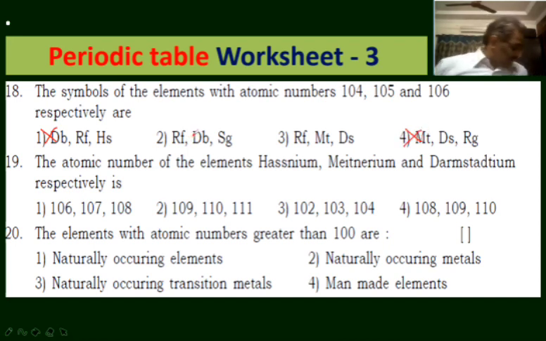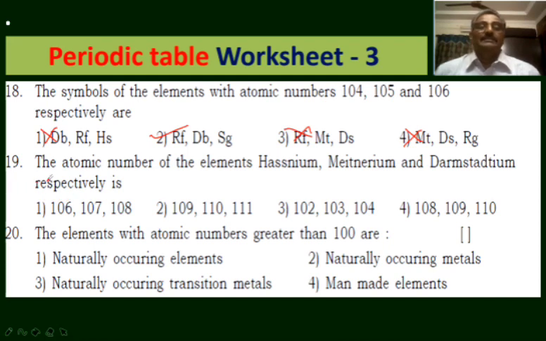The element with atomic number 105 is dubnium. Meitnerium's atomic number is 109. Dubnium's atomic number is 105. So second option is the right option. Rutherfordium, dubnium and seaborgium are the elements with atomic numbers 104, 105 and 106.